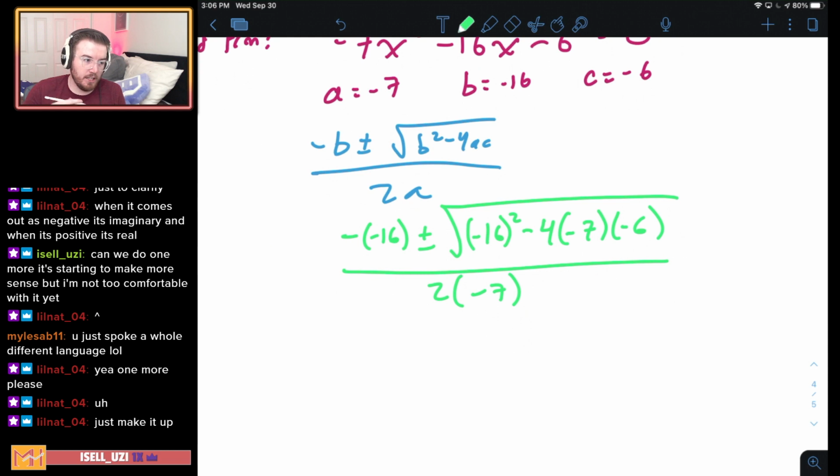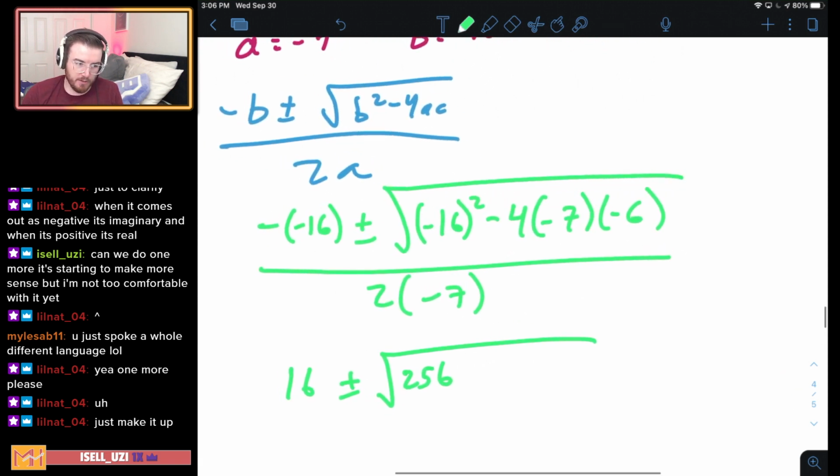So our negative b, the negatives cancel out with each other, and we end up with a positive 16 all over... 16 squared is 256. And then there's lots going on here with our negatives.